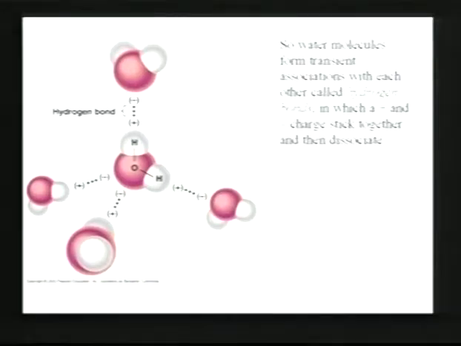A hydrogen bond is very easy to break. It's just a partial charge interaction. Molecules in liquid water are moving fast enough that these interactions break and reform all the time. Okay? So the plus and minus charges stick together, and then because of the movement of the molecules, that bond breaks, and other hydrogen bonds are formed.